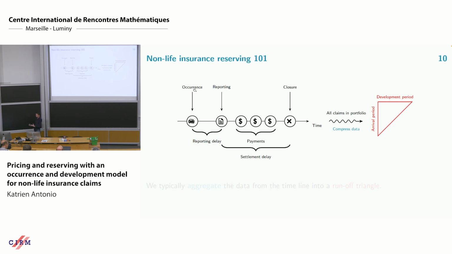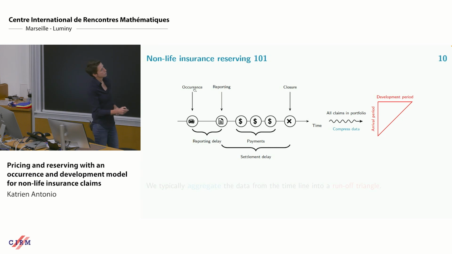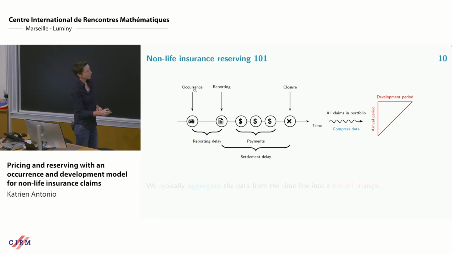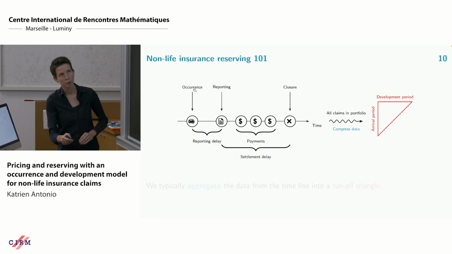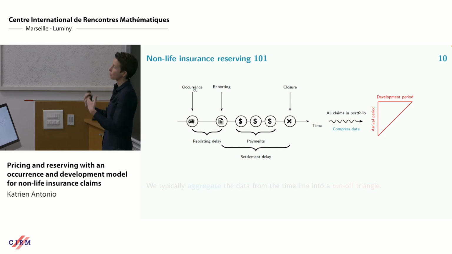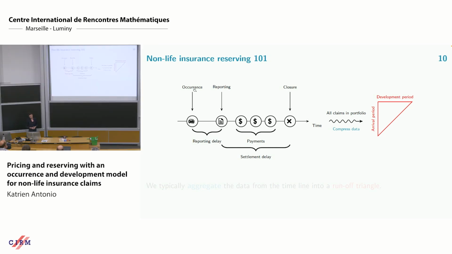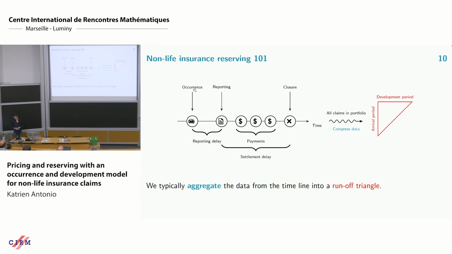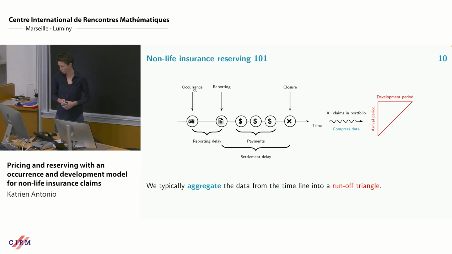And we also know that traditionally, we aggregate that information along an arrival and development direction into a runoff triangle, and we can use that triangle to predict the lower triangle and to obtain as such an estimate for the future liabilities with respect to the claims that happened in the past, right? So we know that story, that's typically covered in non-life insurance reserving.